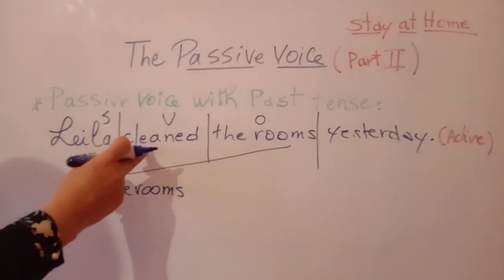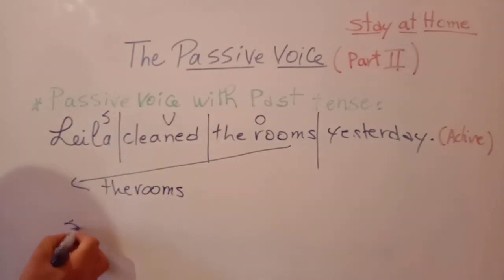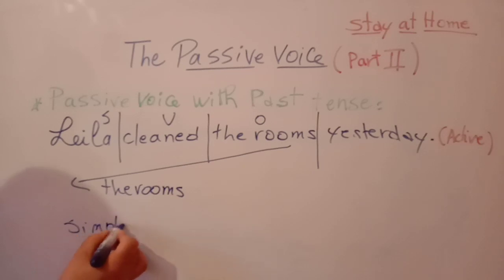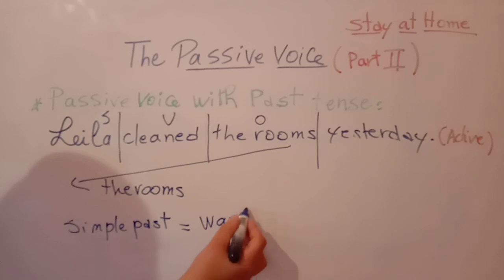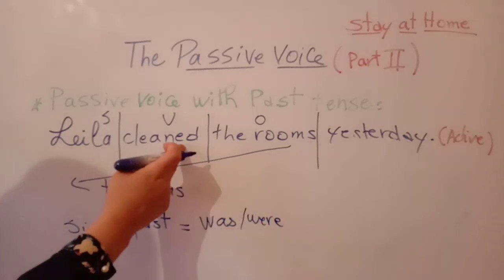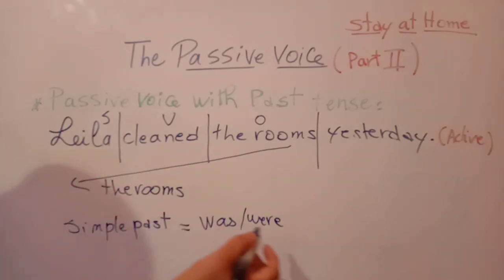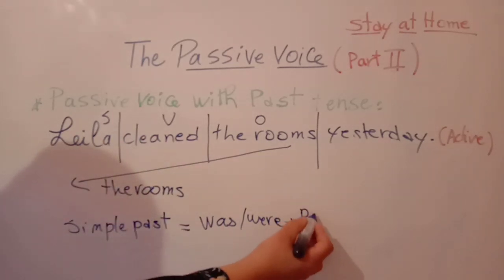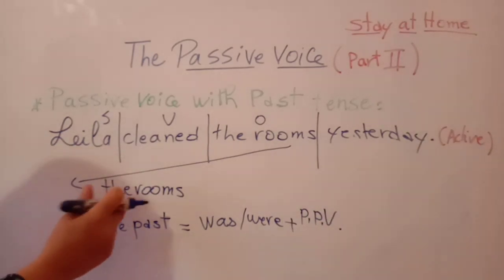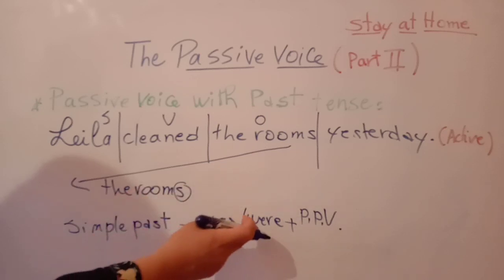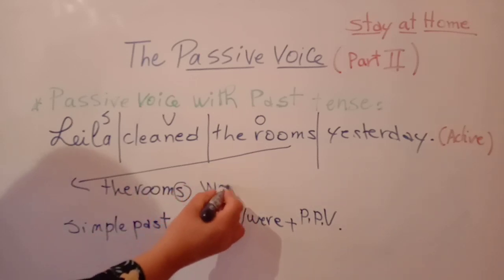So when the verb in the active sentence is simple past, it becomes in the passive voice was or were. The verb to be in the tense of the active verb plus past participle of the active verb. So the rooms here, it's plural, we are going to use were.